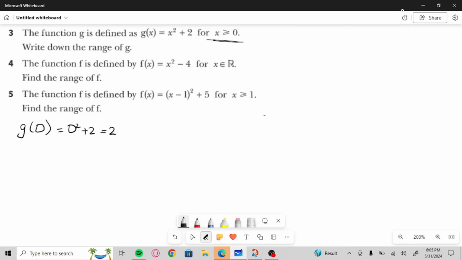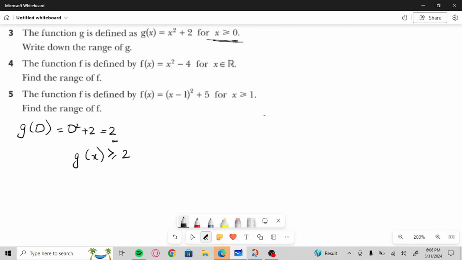So now we have been given the image that for 0 we are going to get 2. Thus, as this was the minimum image we can get, we are going to say that g(x) is greater than or equal to 2.